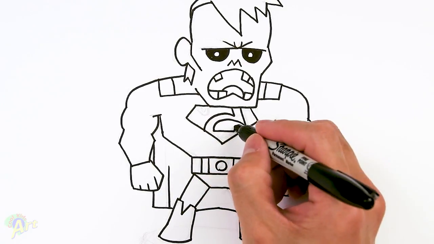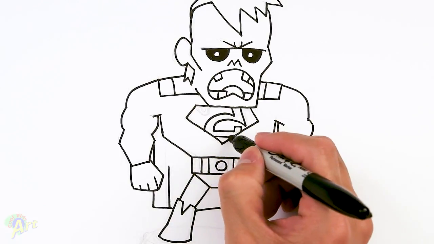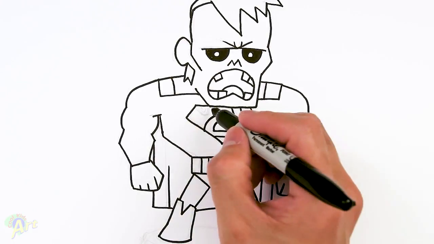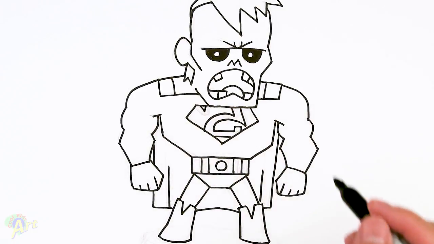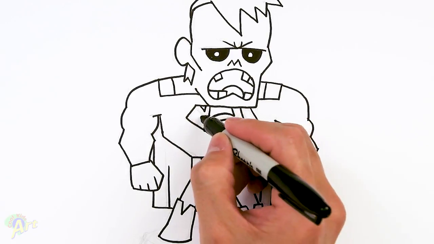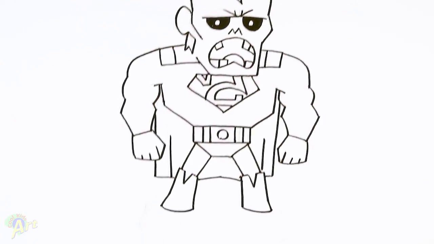Come across and then just draw a little angle there. And then come across. So this part is going to be red. And then on this side here, you can draw a V shape first. And then we're going to come down, just kind of come around the V shape. All right, so we'll see that better once I color this.